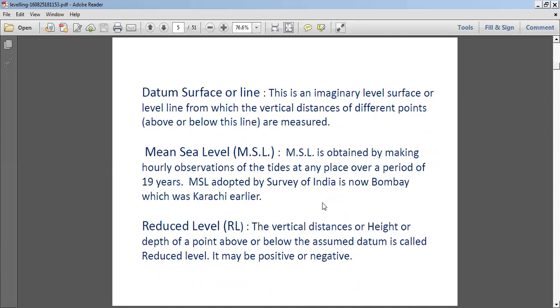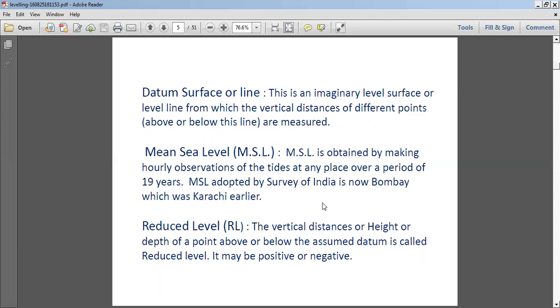This imaginary line is created by whatever instrument you are using, it may be a dumpy level, auto level, theodolite, tilting level or Silonga tracer. That will give you an imaginary line or a datum surface. With respect to this line, you will measure all the readings on a staff, which shows the vertical height of that object.